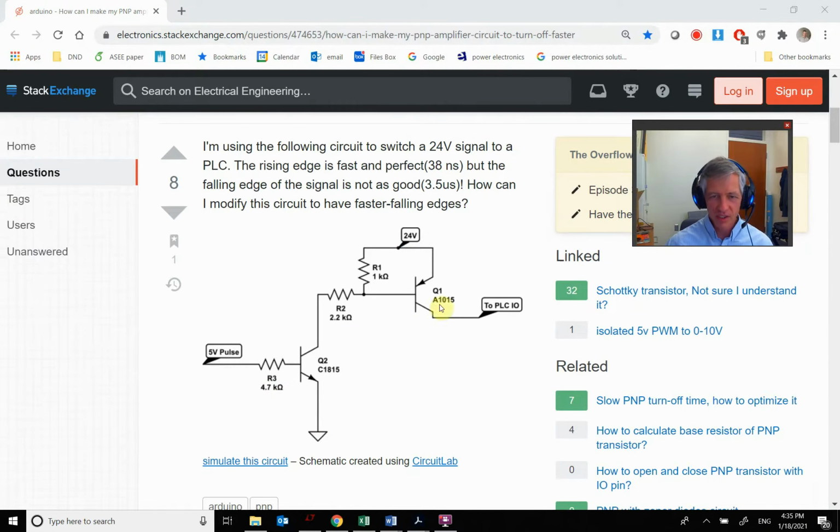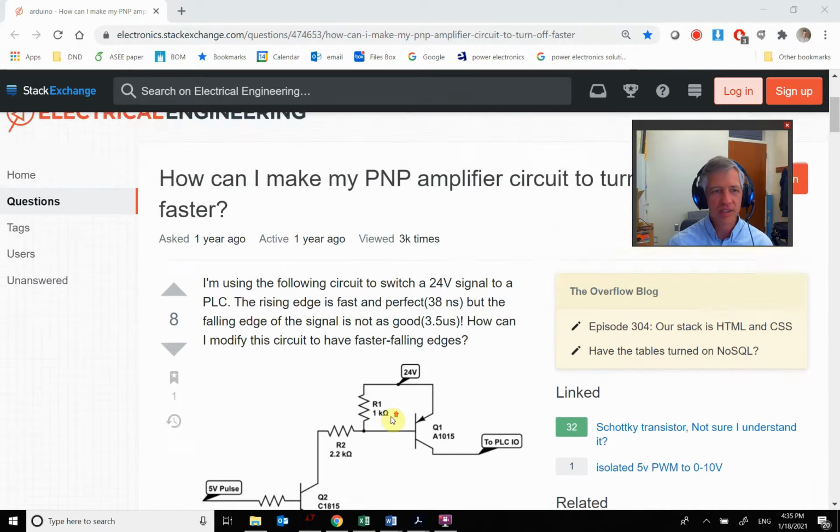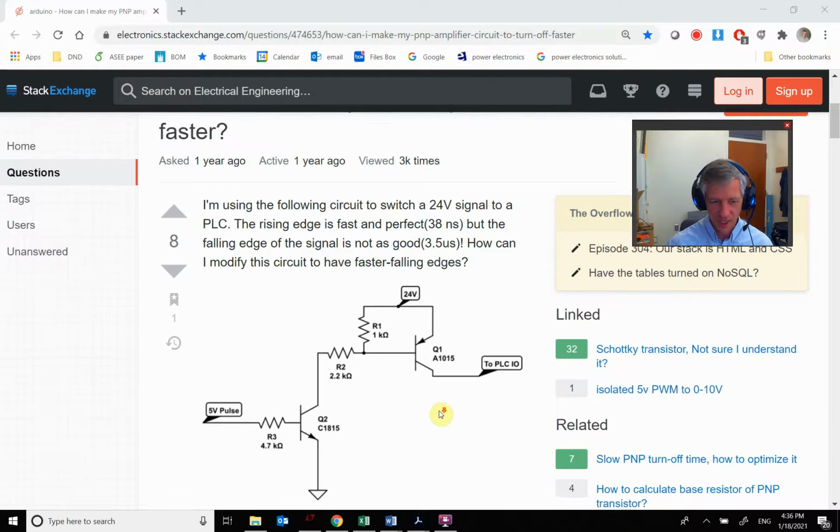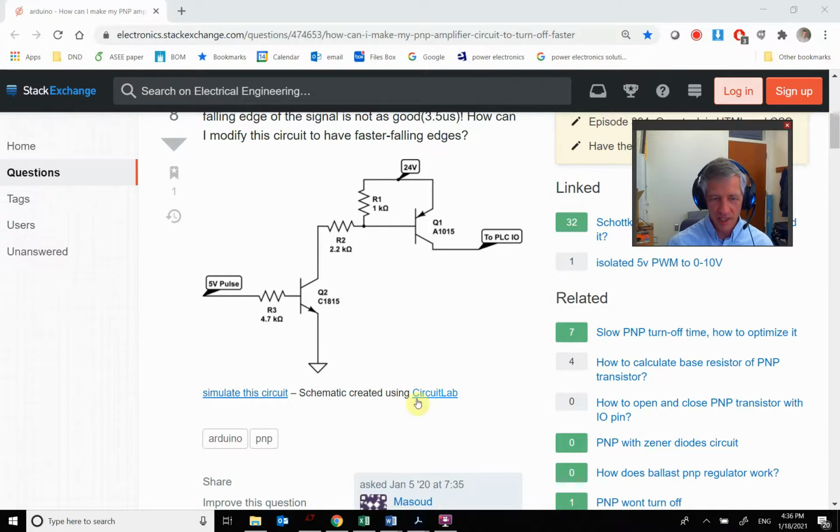Now this person is using BJTs instead of MOSFETs, but it's the same thing. And what we see here is that this part right here is the level shifter, and this is his switching structure. Okay, so let's replicate what he's doing here and see what his problem is.